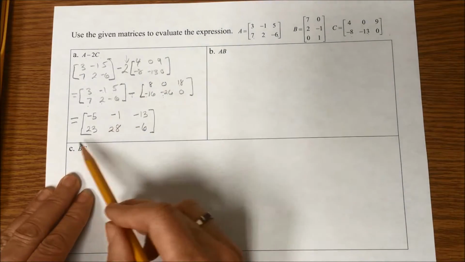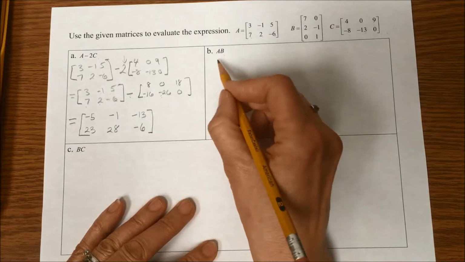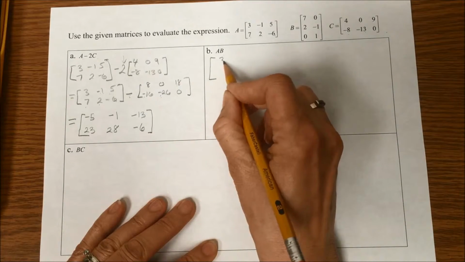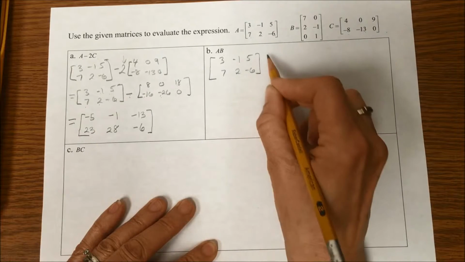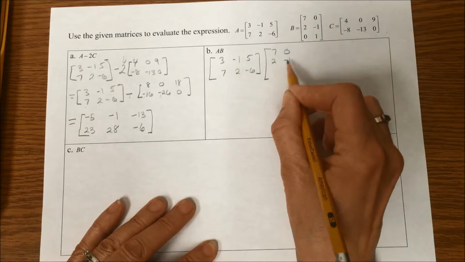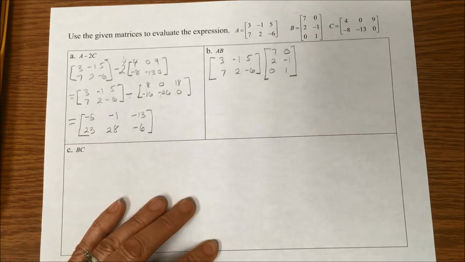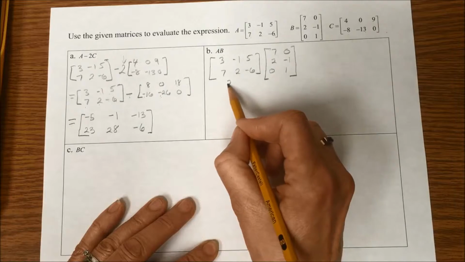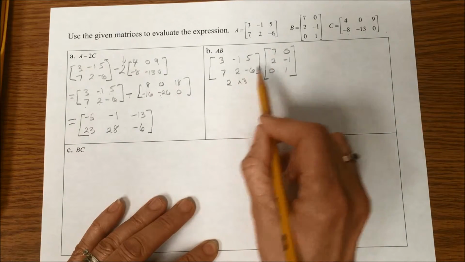The next two are multiplications. Multiplications are a little bit trickier. So the matrices that we have here to multiply are matrix A times matrix B. Now you notice that these are different dimensions. If I were going to add, I'd have a problem. I couldn't do it. This one is a 2 by 3 matrix, 2 rows, 3 columns.